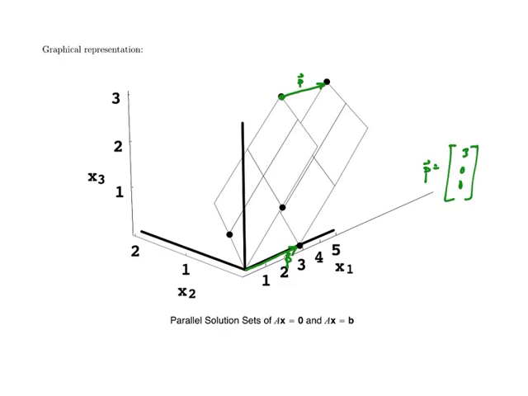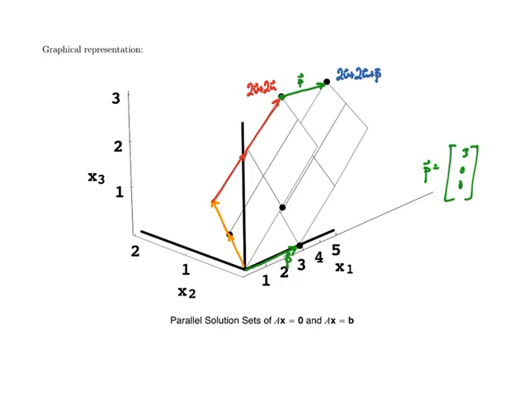Remember that this was 2v plus 2u. So then our new solution here would be 2v plus 2u plus p.